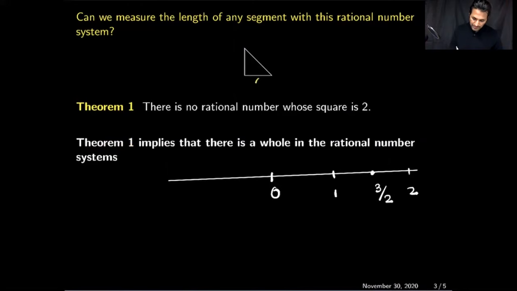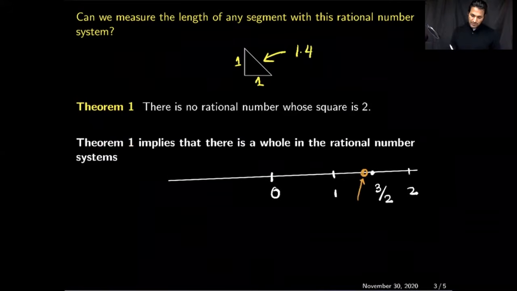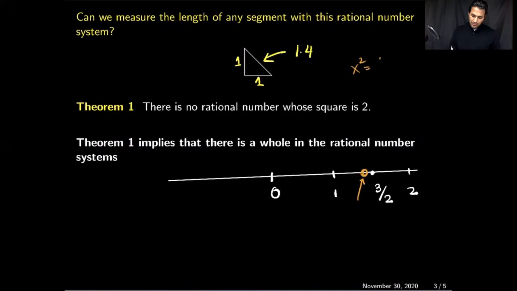If you approximate this length by a rational number, it is going to be somewhere 1.4, which is very close to this number. And that number, which is basically x square is equal to 2, or in other words x is equal to the square root of 2, is a hole in the rational number system.